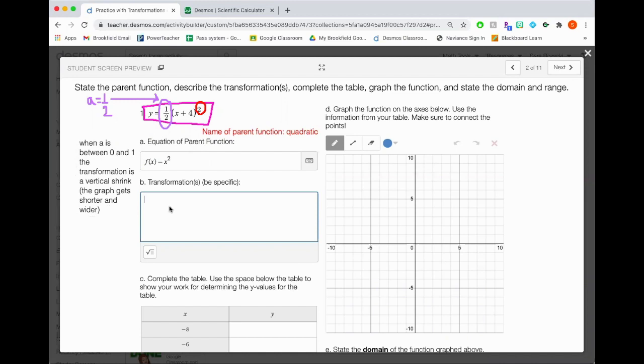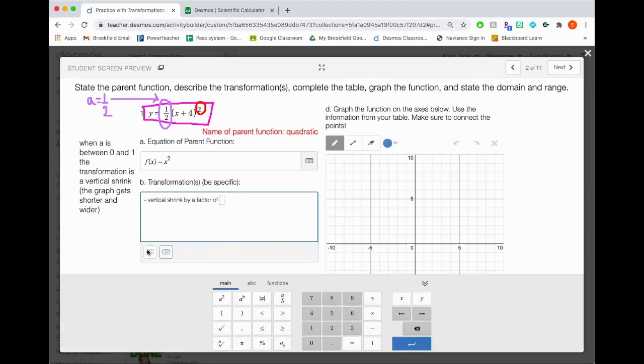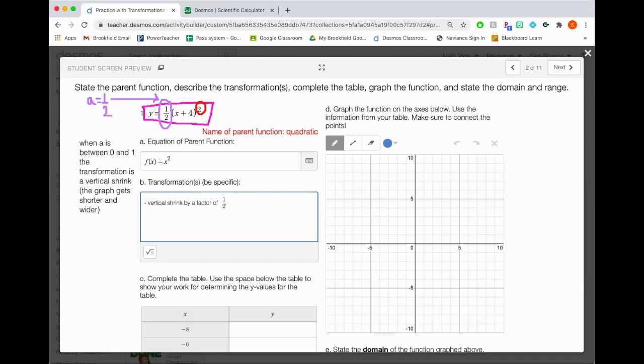So our first transformation here is going to be a vertical shrink by a factor of 1/2. Anytime I want to type math, I use the square root button. And then my other transformation comes from this plus 4 here.